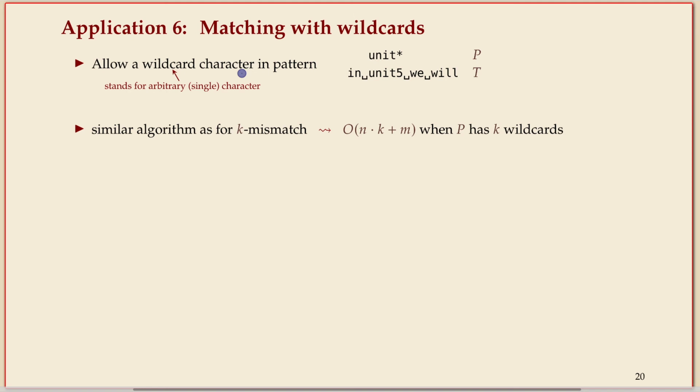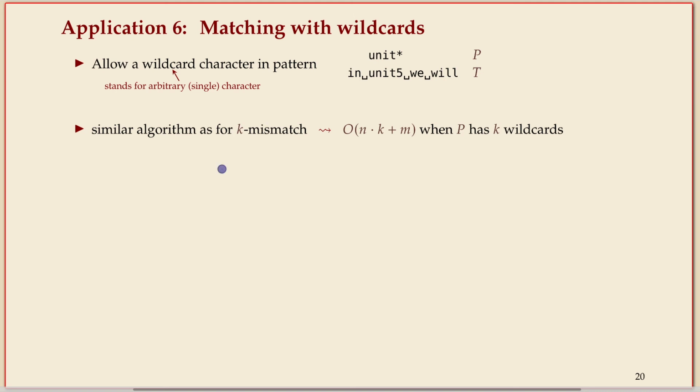It's not a Unix shell style wildcard where it can be an arbitrary long string. So an example here, the pattern is unit and then star, which could be replaced by unit 5, but it couldn't be replaced by unit 10. It's just a single character. And if you think about it, this is even a slightly easier problem than the one we've just solved. So the Kangaroo algorithm also works for this one.